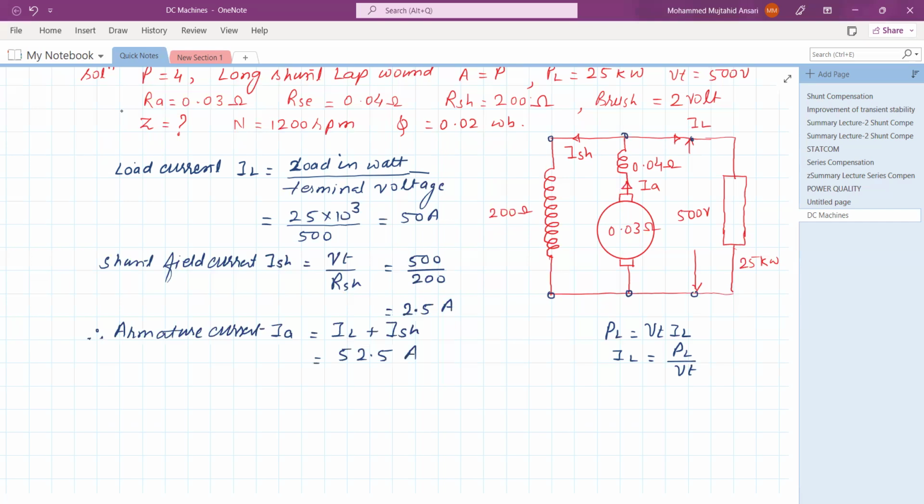Now the EMF generated. Whatever EMF is generated, some voltage drop appears across the series field resistance, IA into RA, and the voltage across the terminal. So EG is equal to terminal voltage plus IA RA plus IA RSE plus brush drop.